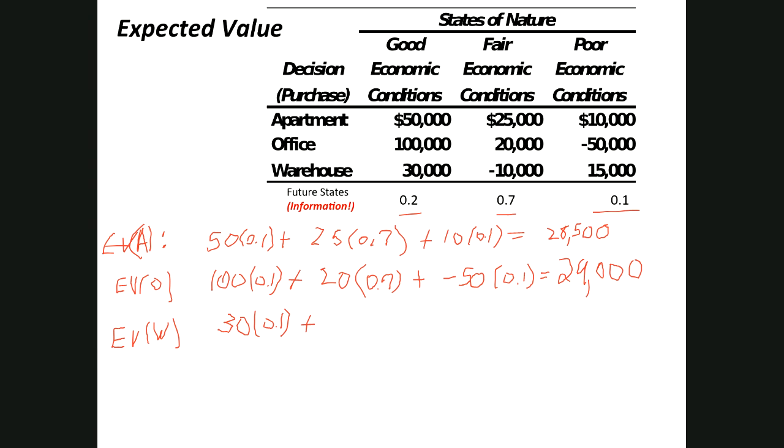We'll lose 10,000 if the economy is fair. And we will return 15,000 if the economy is poor, but there's only a 10% chance that this would happen. When we do the arithmetic, this turns out to be $500.